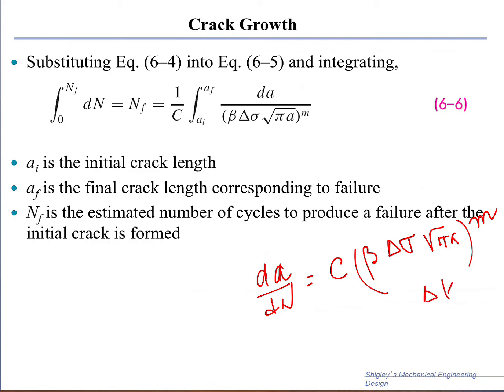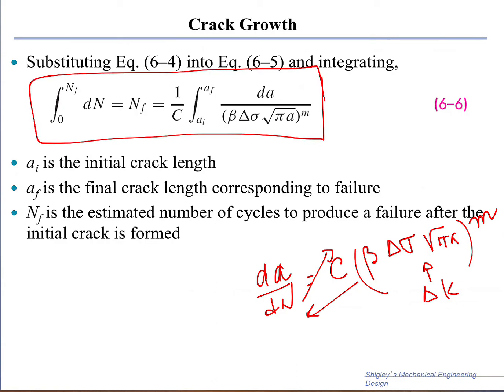This is basically delta K right here. Then I can take the dN to the right hand side, and I can take everything else to the left hand side, and this is what I have in equation 6.6. So the integration of dN from 0 to Nf gives us the final estimated number of cycles to produce failure.